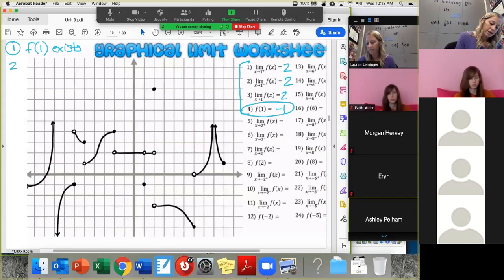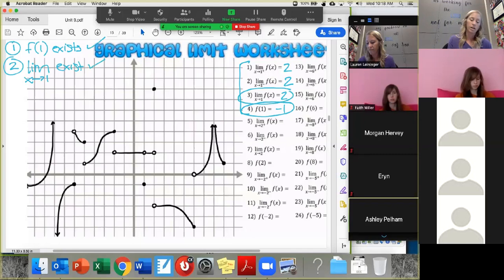What we just said in our continuity notes is that the second condition is that the limit as x approaches 1 must also exist. Is that true? Yes, and that is answered by question 3. Our limit does exist, so check number 1, check number 2.